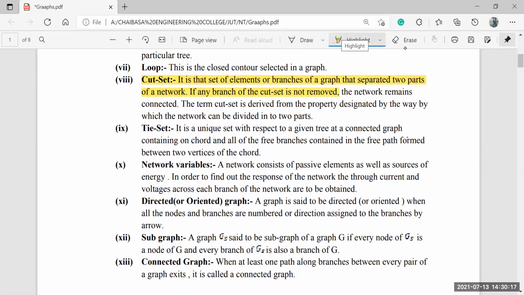If any branch of the cut set is not removed, the network remains connected. The term cut set is derived from the property by which the network can be divided into two parts. This is your cut set.